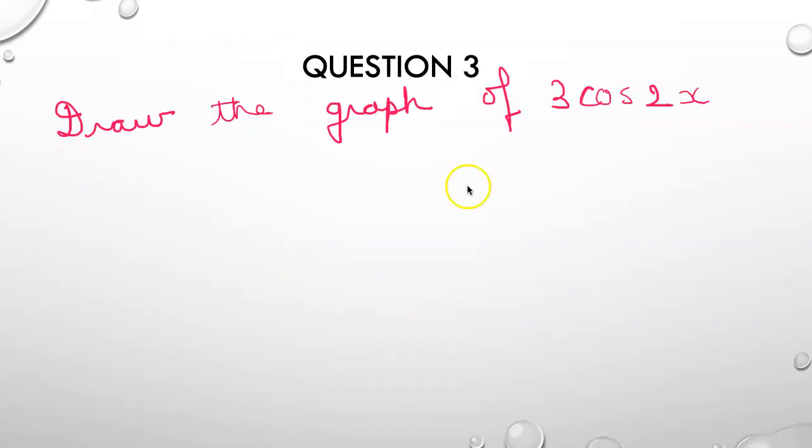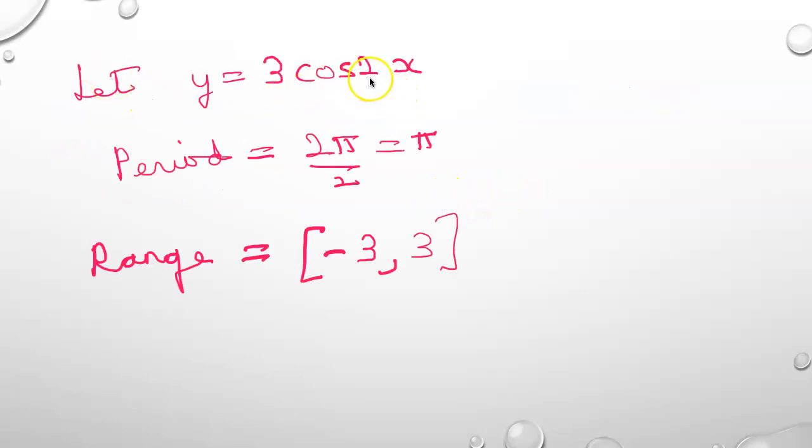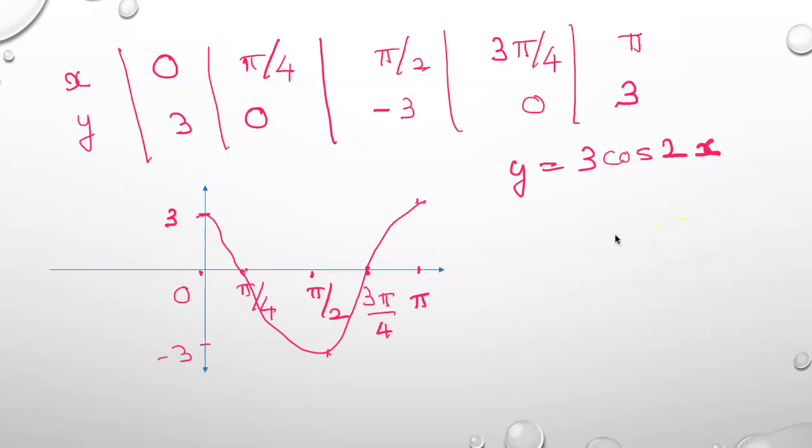Next, draw the graph of 3 cos 2x. Now if y equal to 3 cos 2x, period will be 2 pi by 2 which is pi and the range is the closed interval minus 3 to 3. So if I take values between 0 to pi, at pi by 4 you get 3 cos pi by 2, which is 0. At pi by 2 you get 3 cos pi, which is minus 3.